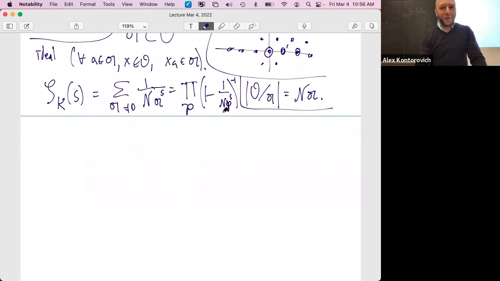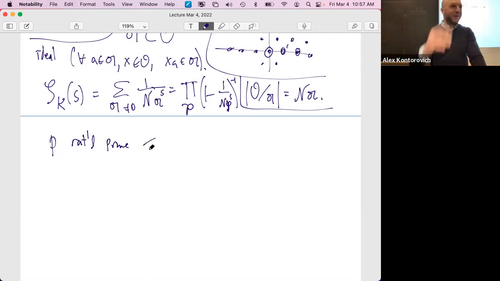Okay, and so what is the norm? This depends on whether p splits or not. What could happen? Norms are multiplicative. If you have a rational prime p, in other words a prime over Q, then in K it might split, or it might be inert.